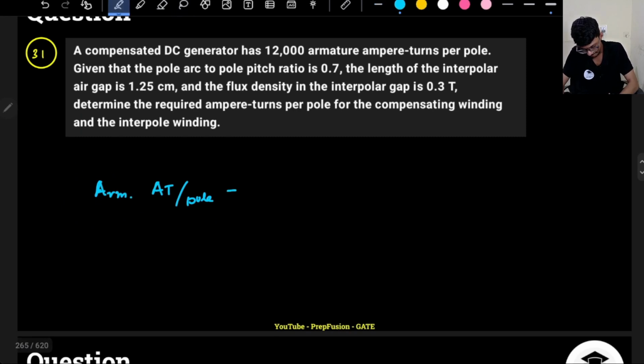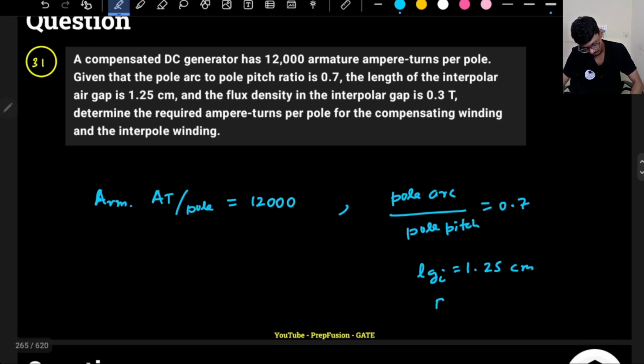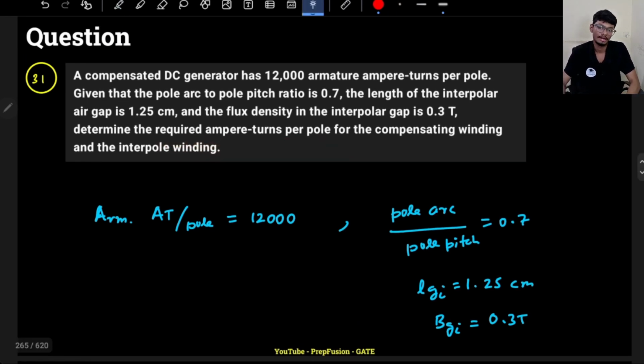Given that the pole arc to pole pitch ratio is 0.7, the length of the interpolar air gap LGI is 1.25 centimeter, and the flux density of the interpolar region BGI is 0.3 Tesla. Determine the required ampere turns per pole for the compensating winding and the interpole.